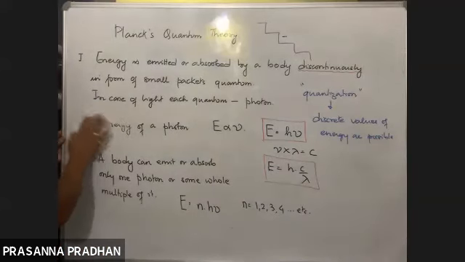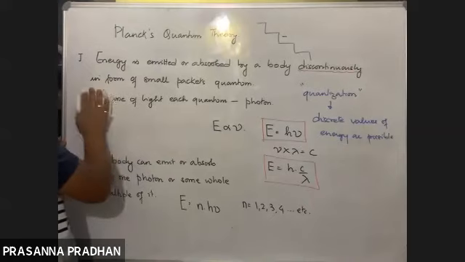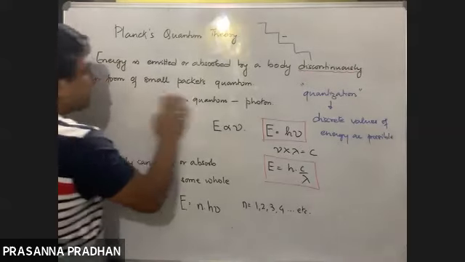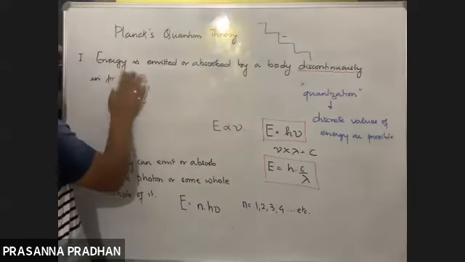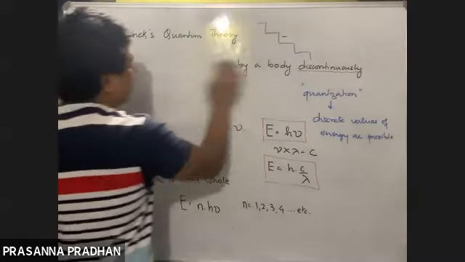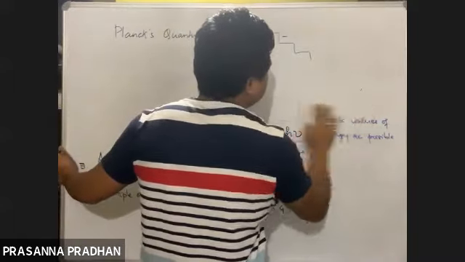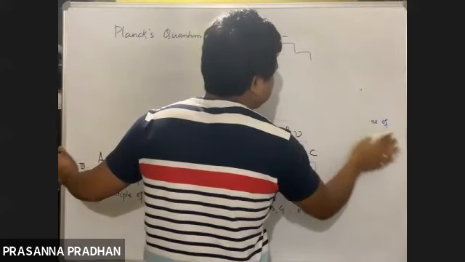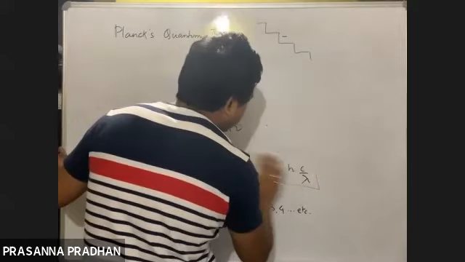Einstein was lucky enough, because at that time Planck gave his theory. By applying Planck's quantum theory, Einstein successfully explained the observations of the photoelectric effect.